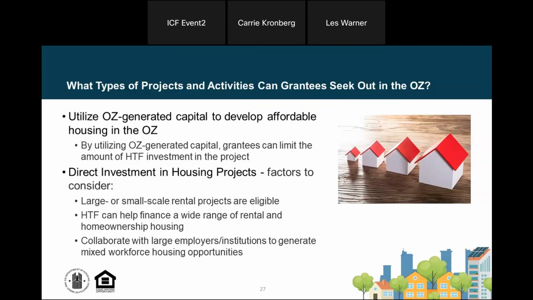Additionally, while HTF funds are for affordable housing, they can also be involved in mixed use and mixed income development. Of course, those projects need to meet specific requirements, but there is some flexibility in the project profiles, right? It can finance developments that are 100% affordable housing, or, when combined with other funding sources, HTF can finance a wide range of rental housing and in some cases, homeownership housing.